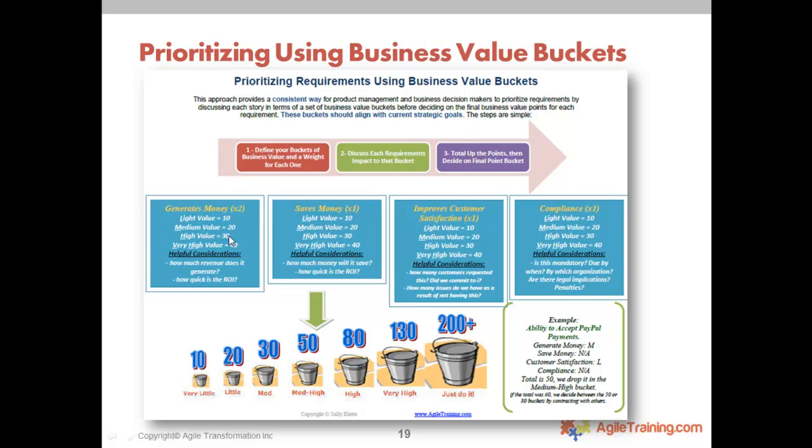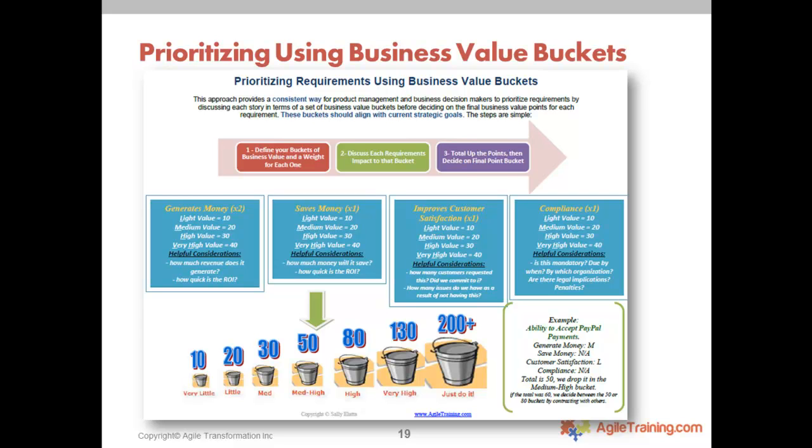I have one company right now that said their light value of generating is less than $1 million. This one's $1 million to $2 million. This one's $5 million plus, and high value is 5 to over 10 million. But that's important, because then you'll have people just arbitrarily say, yes, I will generate a lot of money. There needs to be a number associated with it so that we can hold you accountable later for actually showing if you've delivered it or not.